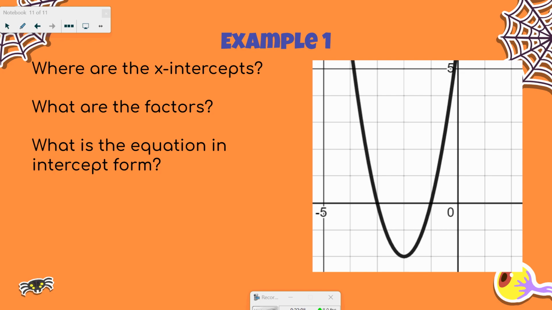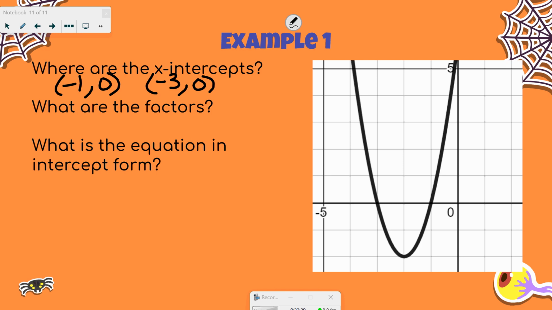All right, so looking at our graph, what did you guys see? What are the x-intercepts? -1, 0, -2. Great job saying those as ordered pairs.